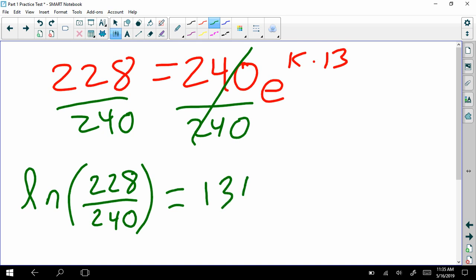And then you're trying to get k. So then you divide by 13. Put that in your calculator, you get the exact same answer for k that the calculator gave. So type in natural log parentheses 228 over 240. Enter, divide by 13.